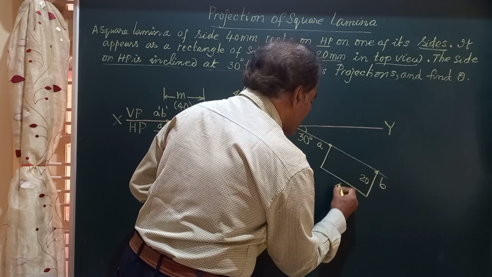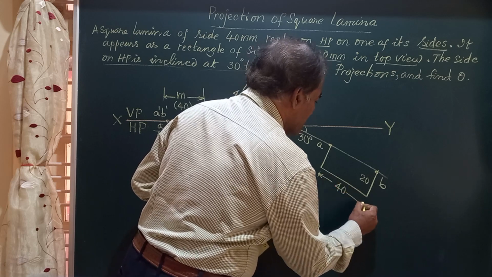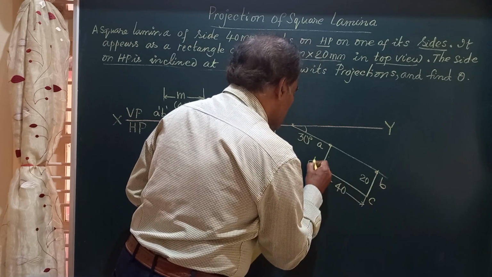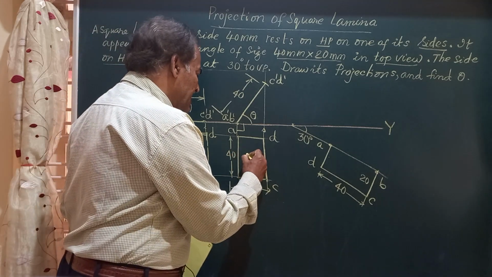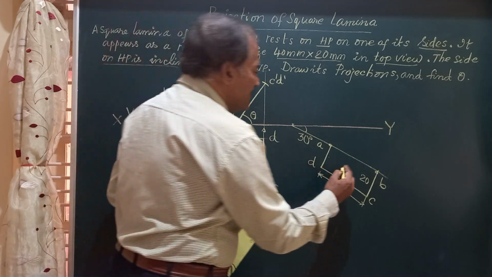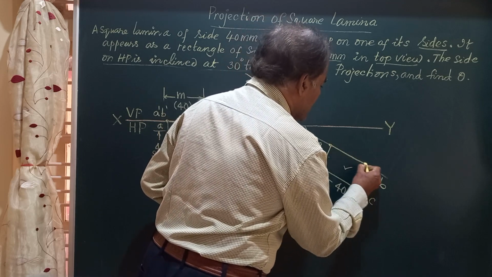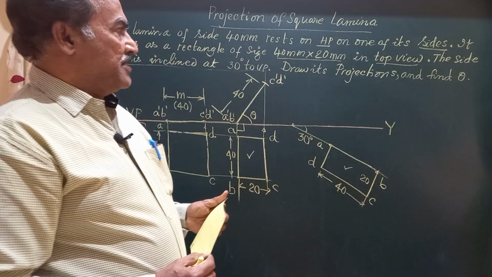And this is 40 because this is on HP. And the dimension of this will never change. This is AB, this is C, this is D. Friends, whatever the top view we had, that is the rectangle 40 by 20, is redrawn with the side resting on HP inclined at an angle of 30 degrees to VP.